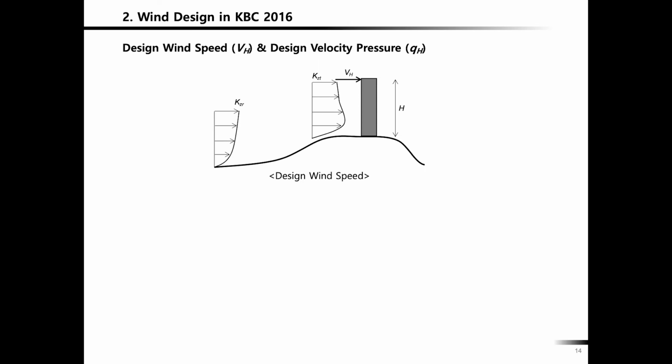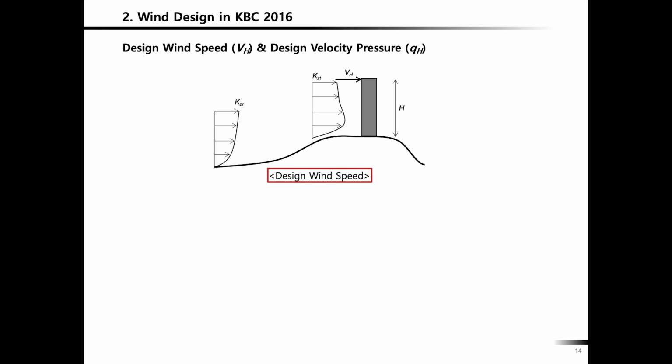So basic wind speed is just a statistical representation of the wind speed for that region that you're going to see during the 100 years. But then for each specific site and each specific building, your design wind speed will be different, because on the hill it's larger than down the hill.